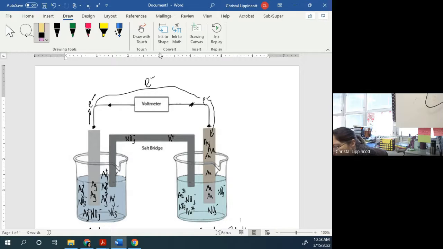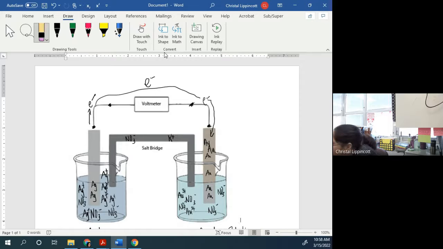It grabbed one of these ions, brought it here, hooked it up with those 3 electrons, and made gold on here. And that's why this one's going to get bigger. Over time, this guy will get bigger because it's putting gold on there from the solution with the electrons.